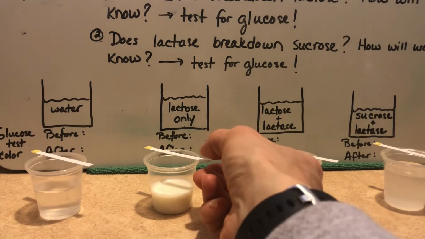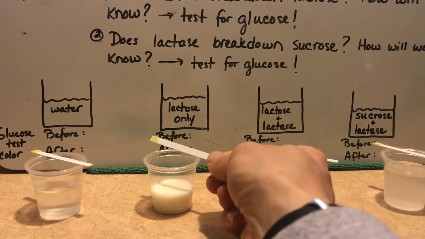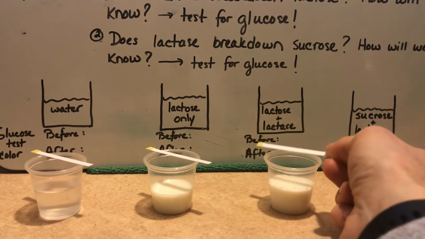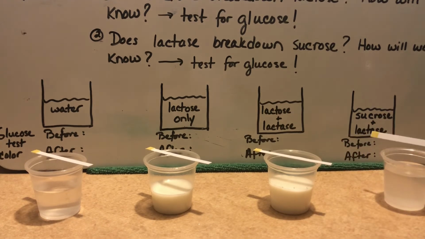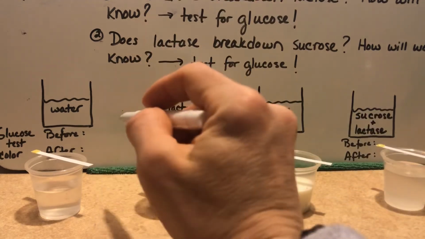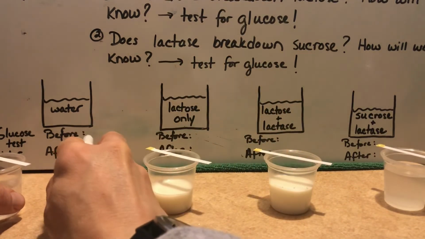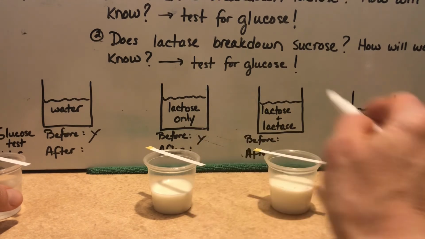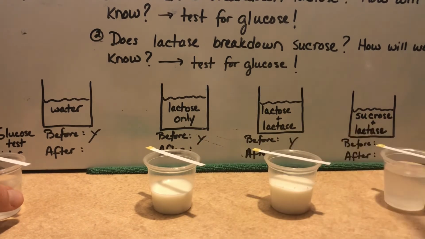So let's take a quick peek at our before colors. They're all yellow. None of our before colors have changed. So if I were to write down here, my before color, I'm going to put a Y in all of my before categories for the fact that it was yellow, right?